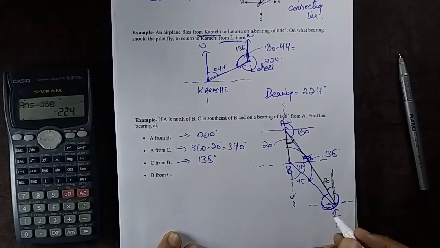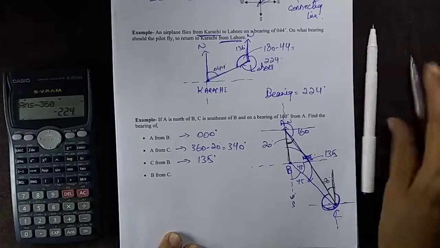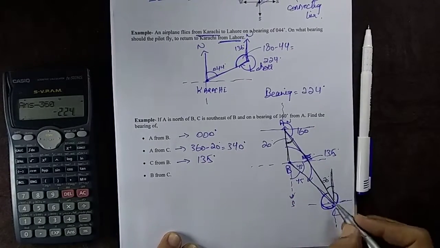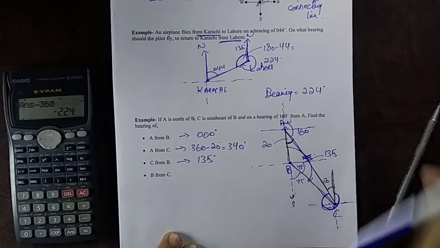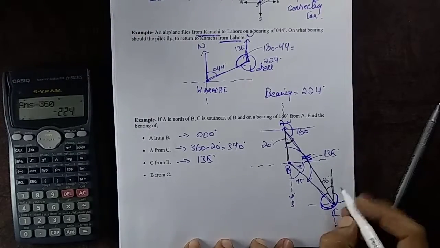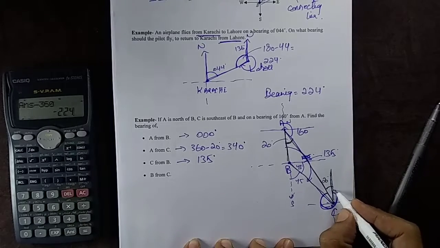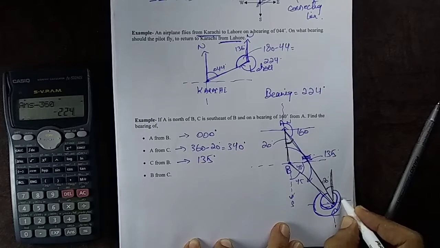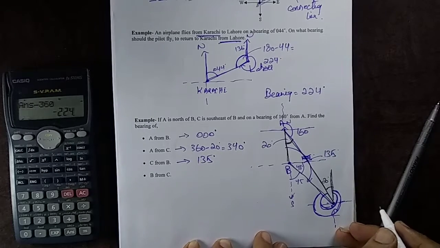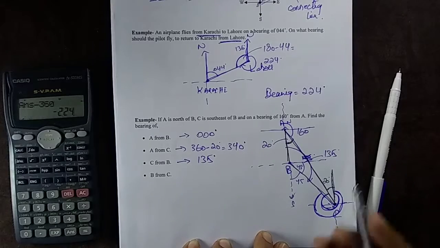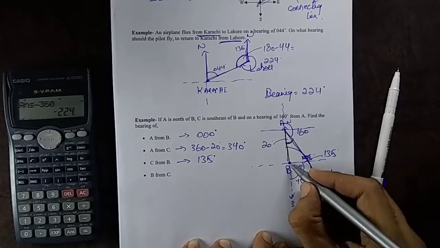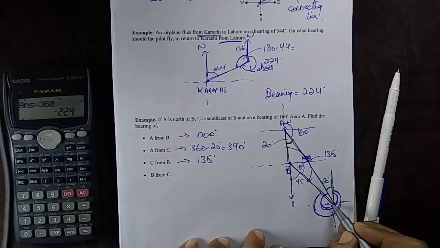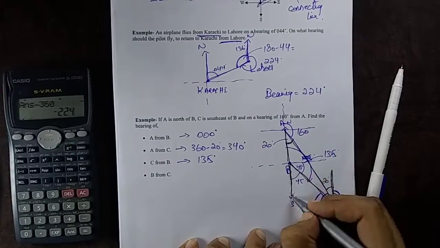Now B from C, we have this connecting line between B and C, and we have the north on point C. So for finding bearing of B from C, we actually need to find this complete angle, right? Now here we can see that again a Z is being formed.